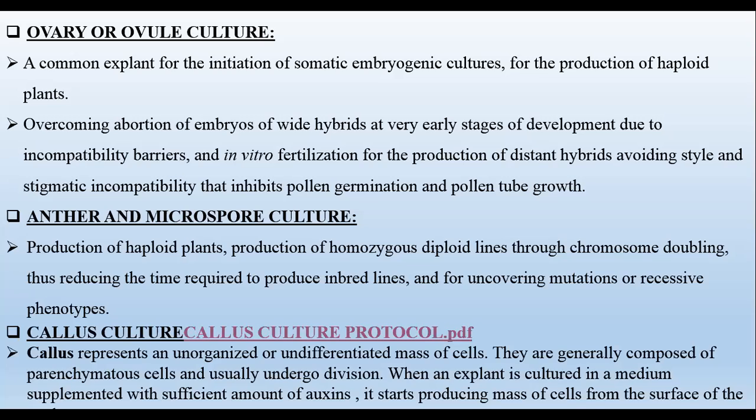From these seeds we will get this type of callus. And the next step in the callus culture is multiplication or shooting. So this type of callus will be transferred onto a nutrient medium, but here the hormones are different.